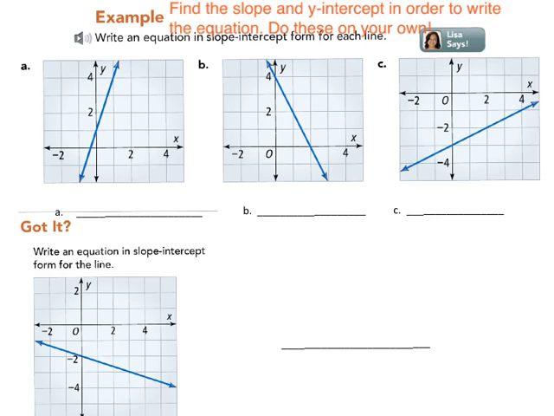For each of these lines, you're going to find the slope and the y-intercept, and then write the equation of the line for each of the 4 lines. You're going to do these on your own.